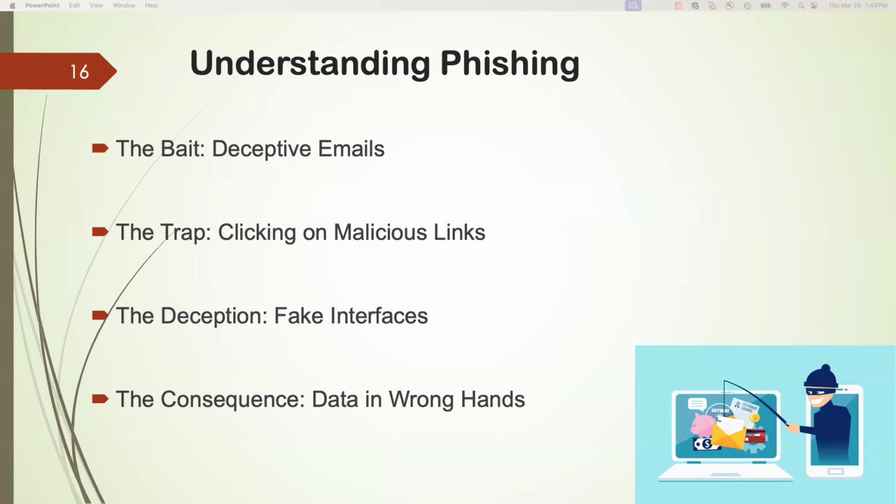So that fancy looking interface, most of the time it's fake. It is not related to either Chase or Bank of America or anything else. It's just a front end interface that the attackers might have developed.